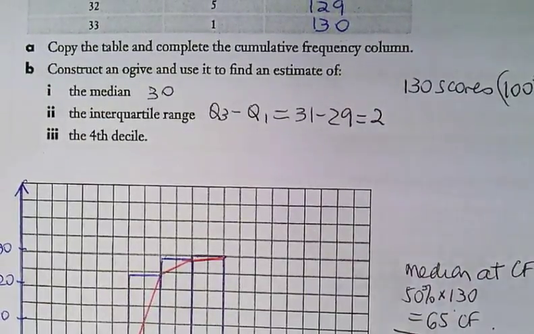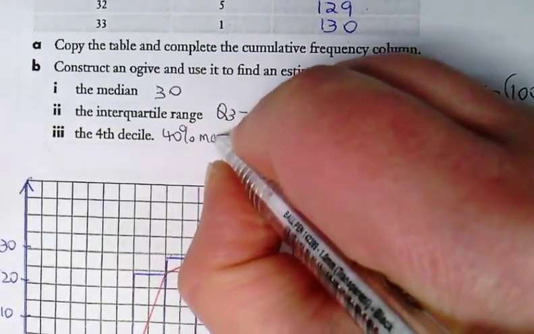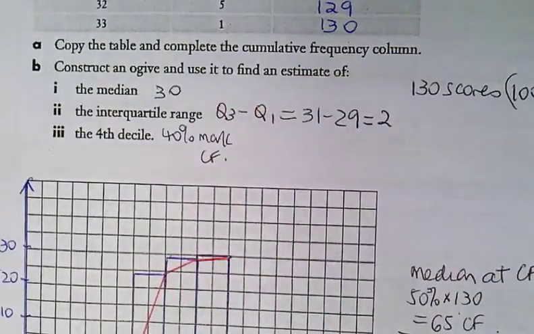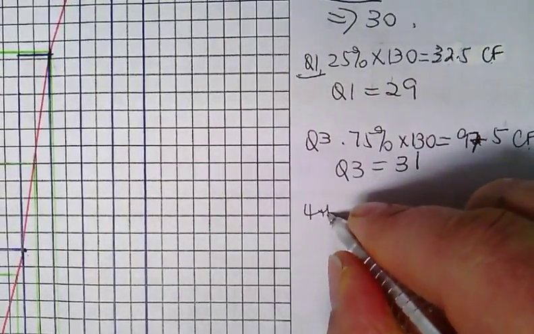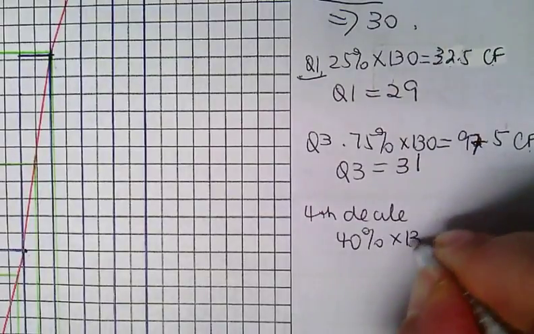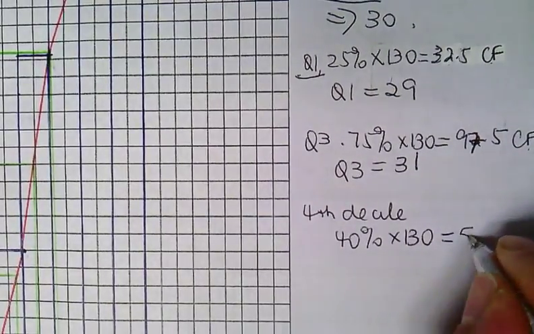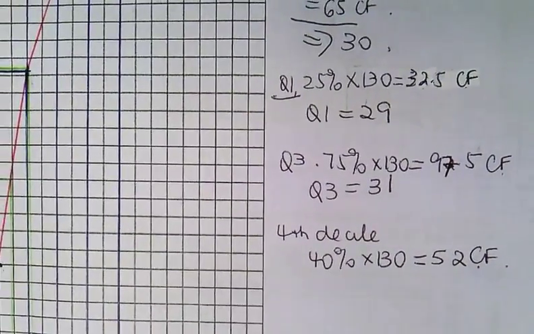And the 4th decile is at the 40% mark. Okay, 40% mark of cumulative frequency. So I look at the 4th decile, and I do 40% of 130, which is score number 52, at a cumulative frequency of 52.